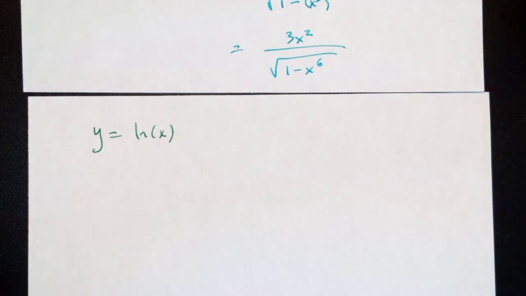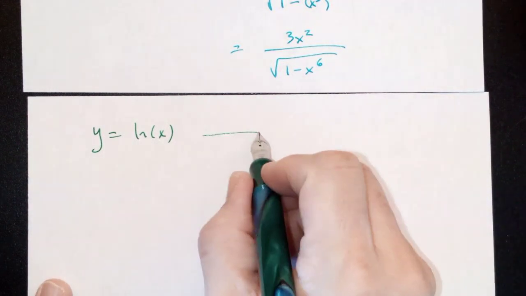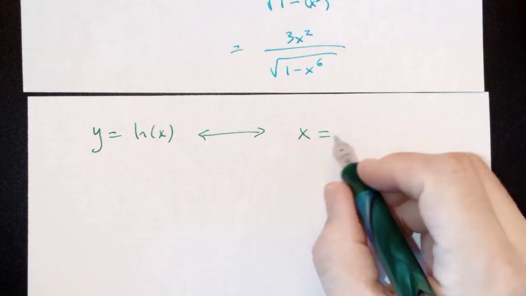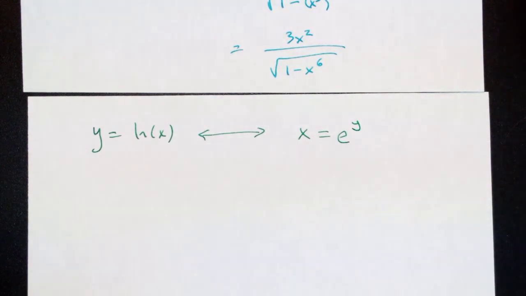Solving for x in terms of y. I want to get rid of the ln. How do I get rid of an ln? My buddy e. So I get x equals e to the y. That's an implicit equation. Let's use implicit differentiation and find dy/dx here.